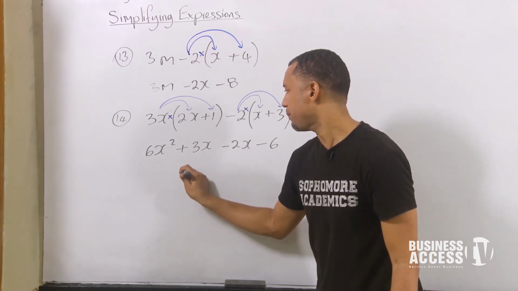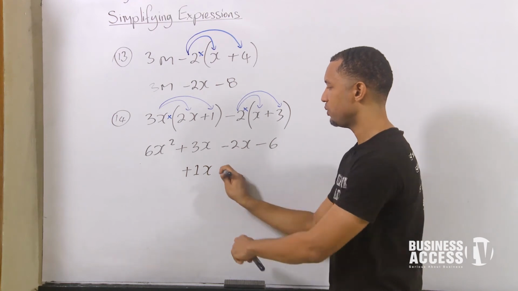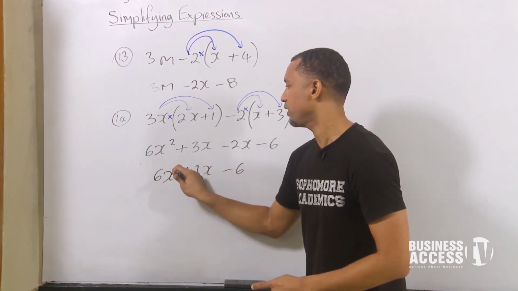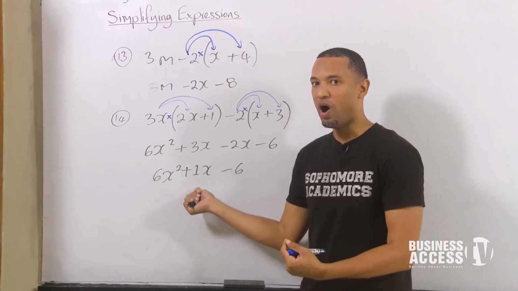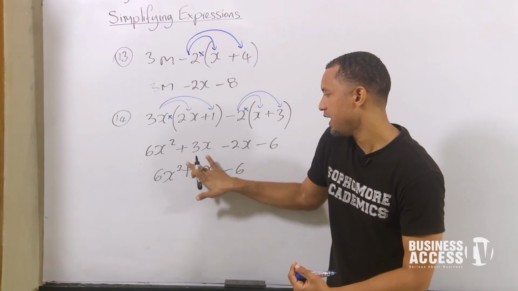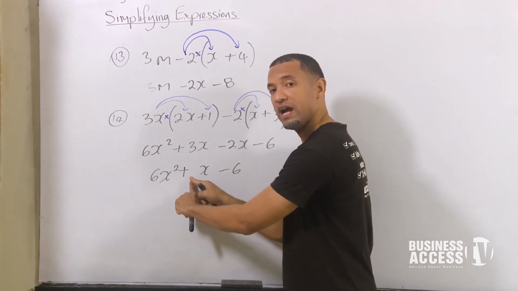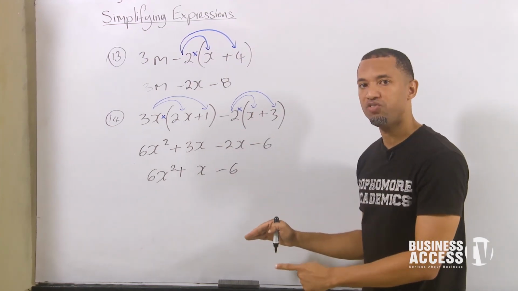So this is going to be a positive 1x, but let me talk to you about that. So we bring back down this negative 6, and we bring back down this 6x squared. Now, it's 1x, but generally we do not write 1x. We just write x, and we know that there's an imaginary 1 right there in front of it. All right, ladies and gents, so this has been simplified.